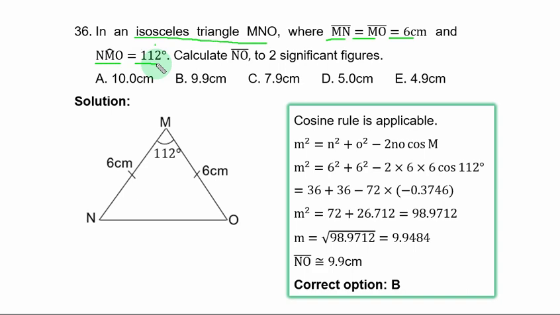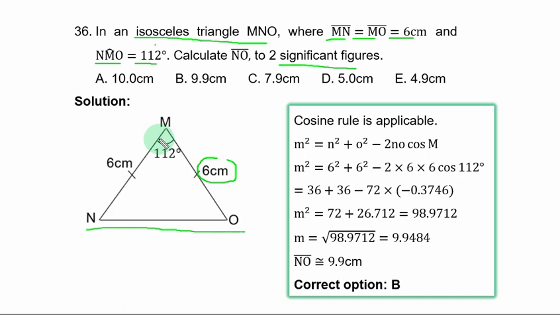Calculate NO to two significant figures. Now, this diagram represents the information. You have MN, MO, and they are 6 cm respectively. If you are to find NO, the angle facing NO is known.